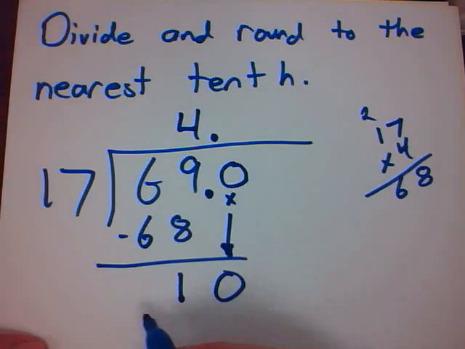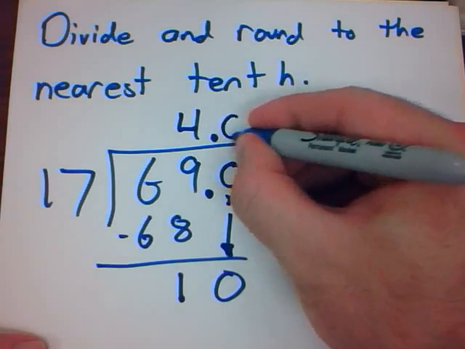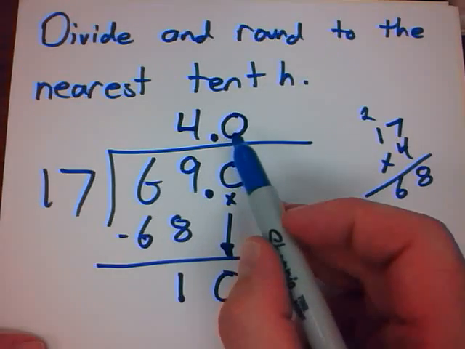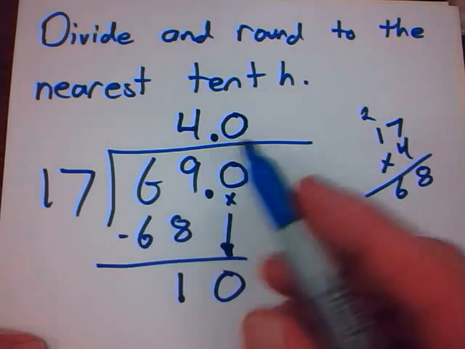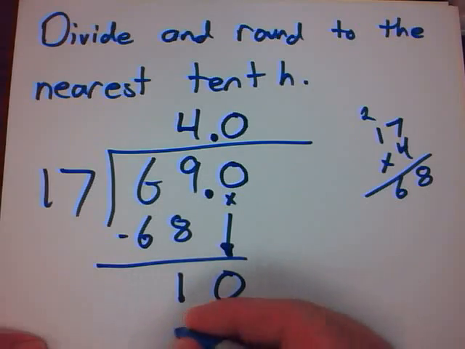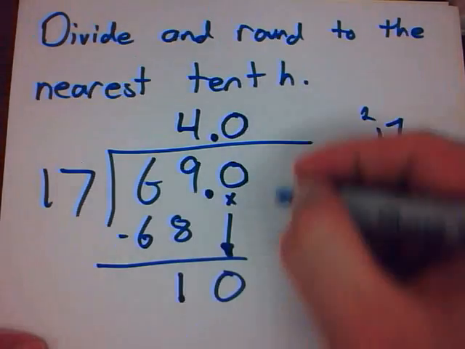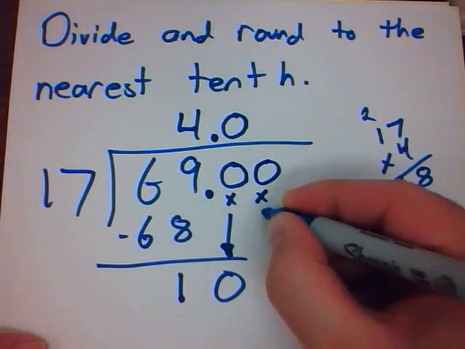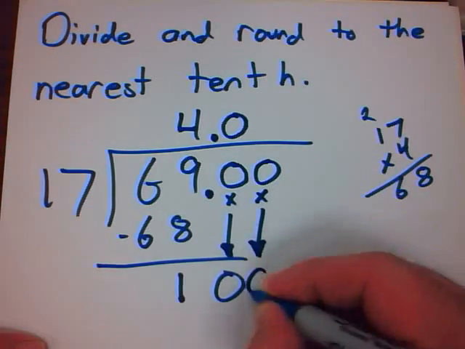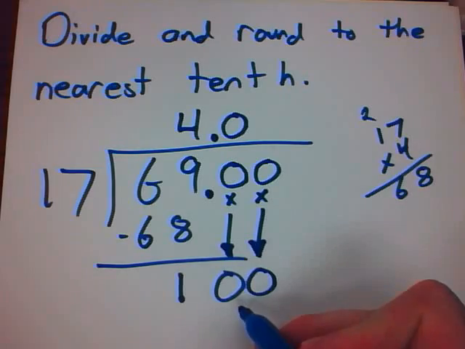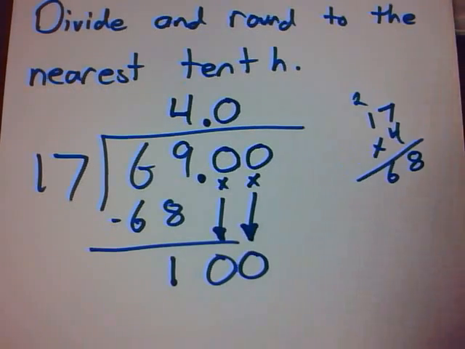17 into 10. Oh, that doesn't work at all. Now, I can go 17 times 0, take the 0, subtract, do the line, and so on. But that's a lot of work, which really doesn't do much. So I'm just going to bring down another 0 now. 17 into 100. Well, that's certainly more than 4.